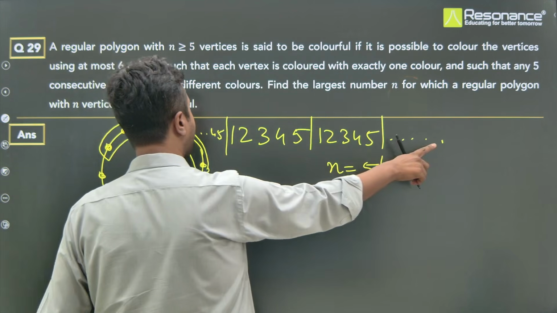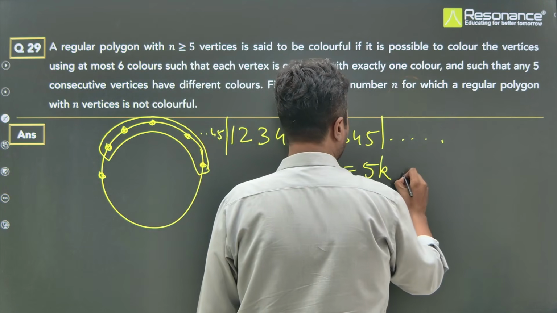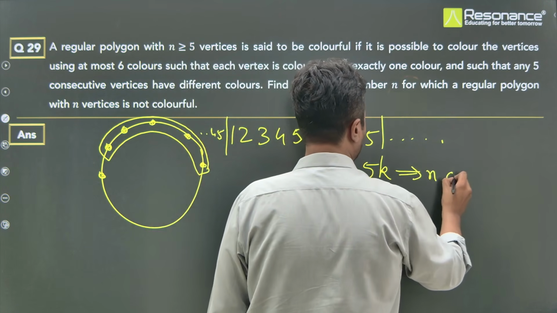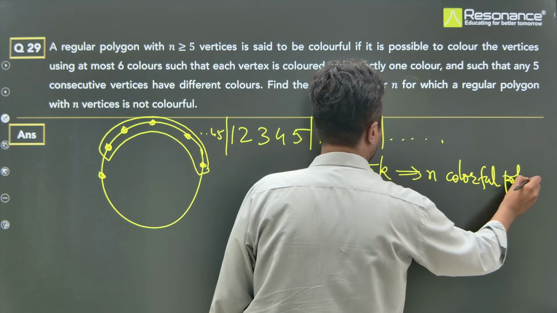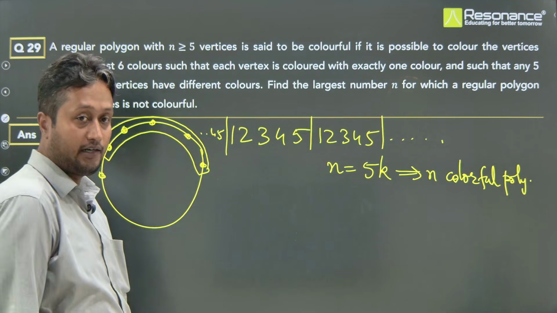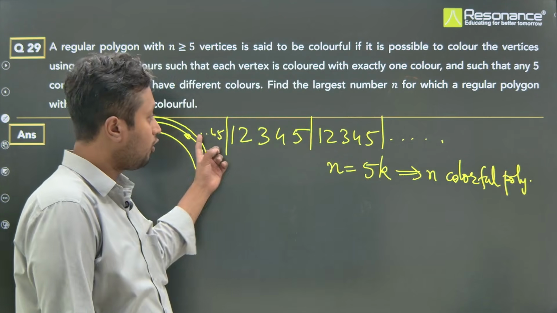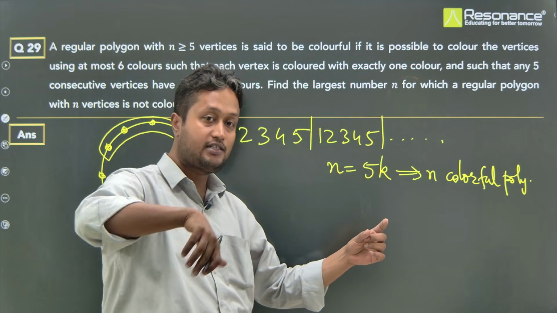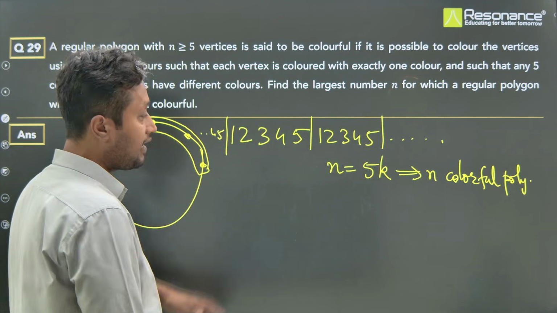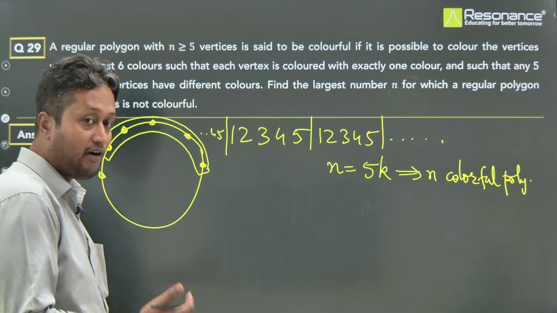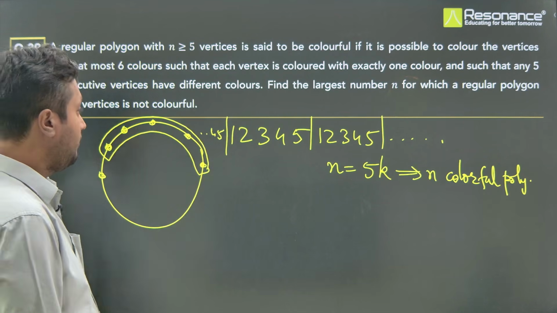This satisfies the condition, which means this is a colorful polygon. There's no toughness over here. All you got to do is take 5 colors and just keep cycling those 5 colors, and you'll see that if the number of sides is a multiple of 5, then that polygon can be colored.